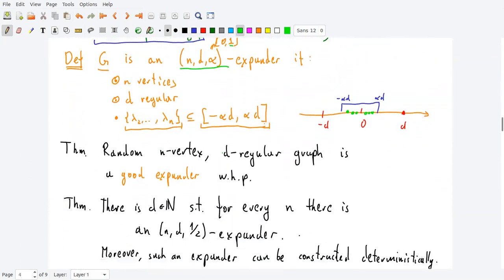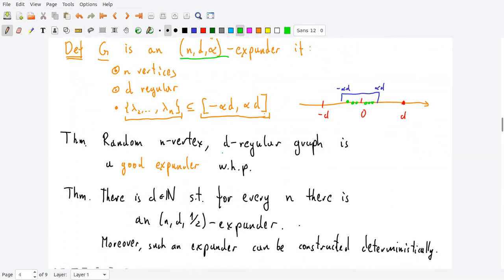And there are two main theorems that we probably want to know after the series of lectures. First of all, that a random graph is a good expander with high probability. There are, of course, some caveats. What does it mean, a good expander? And also, what is a random d-regular graph?